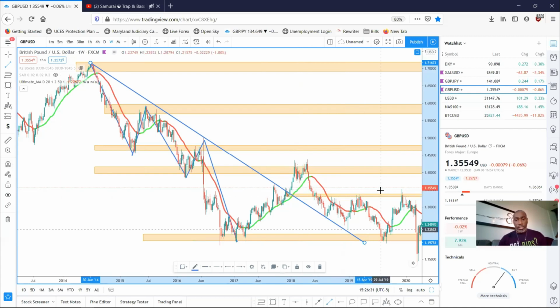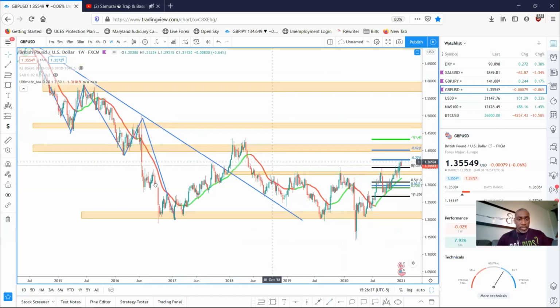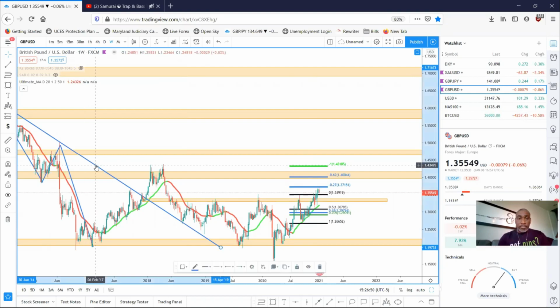Okay? And as you can tell, she pretty much rolled that trend line down a little. But now what is she doing? Is she moving up or is she moving down? Moving up, looks like. There you go.